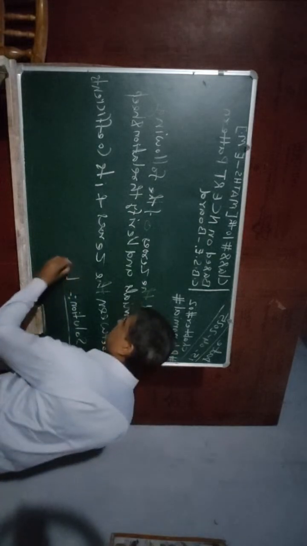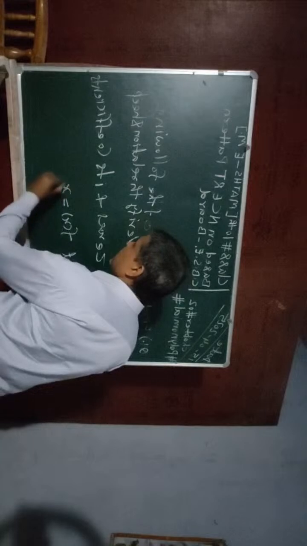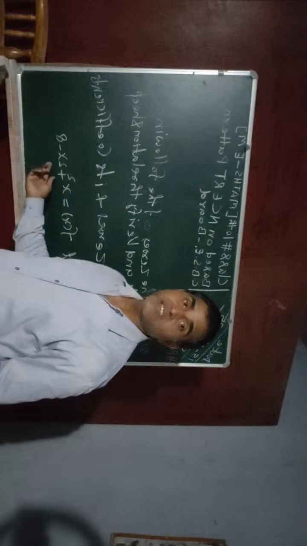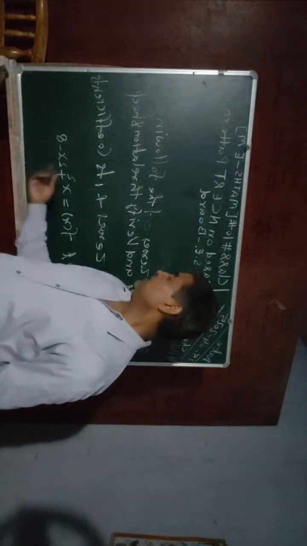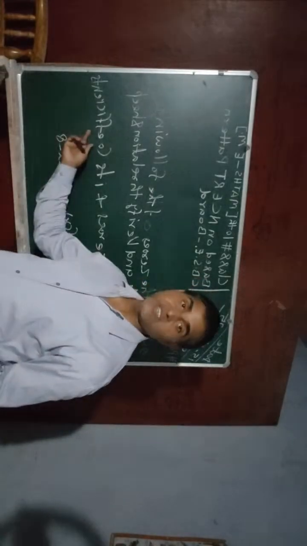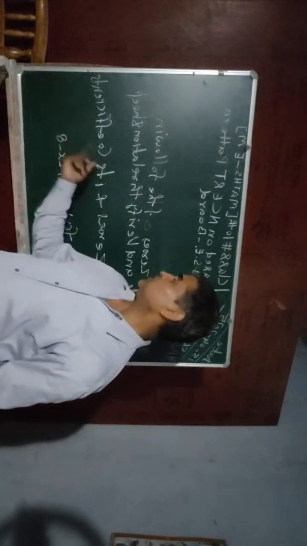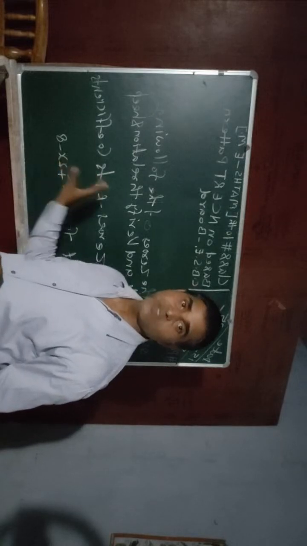Let f of x equal the given polynomial, x square plus 2x minus 8. I have to find the zero values, and after getting them, I will compare, that is, verify the zero values with its coefficient. If both are equal, I will say the zero values and the coefficient are verified, and this is the answer of my question.